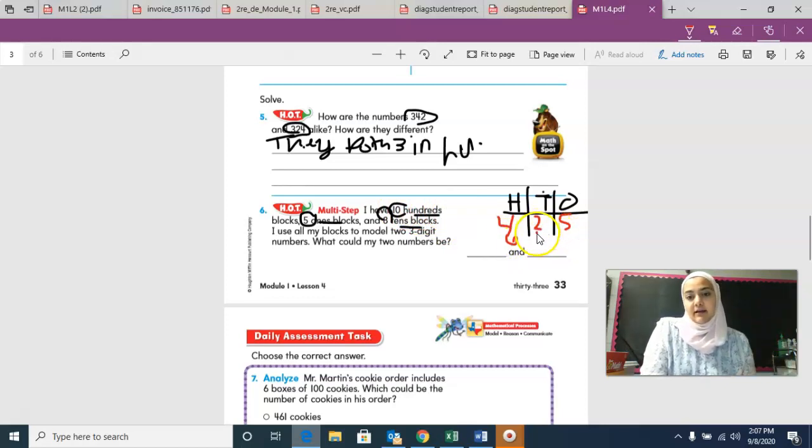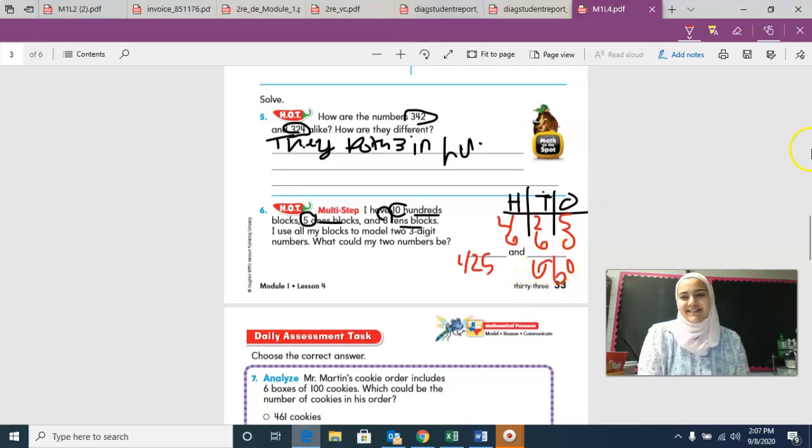There's 6 tens, and there's 0 ones, because I already used all 5 of the ones blocks. So my first number could be 425, and my next number can be 660. Okay, that doesn't look like a 6. There we go, that looks like a 6.